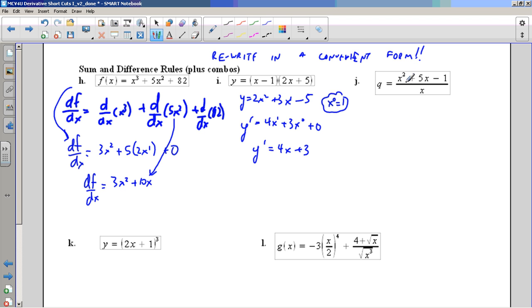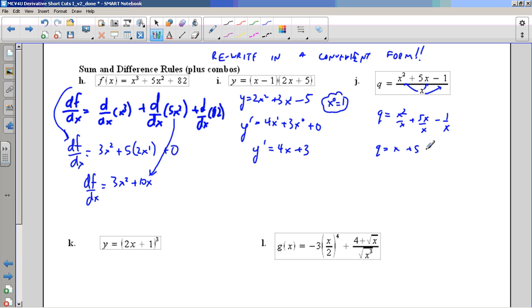Again, there's no quotient rule, right? I don't know how to take the derivative of a quotient. So what I'm going to do is actually do this division. I'm going to divide the x into each of these parts. I'm going to rewrite this as q squared over x. And yes, you could do this in your head. You don't have to write the step out. But what would this look like?